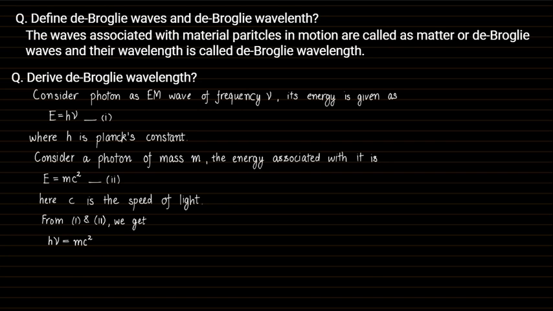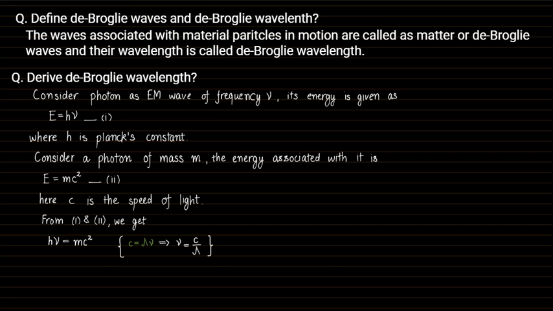Now we know that the speed of light equals the wavelength multiplied by the frequency. So I can write the expression for frequency as nu equals c by lambda. I can substitute this frequency here.